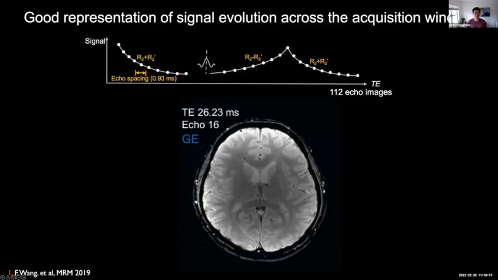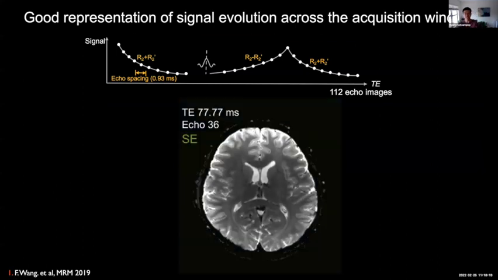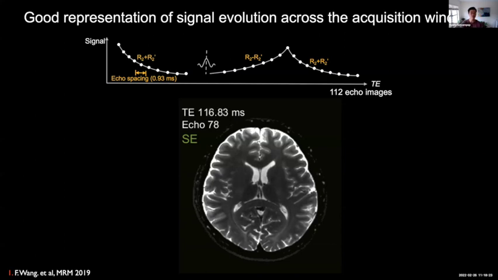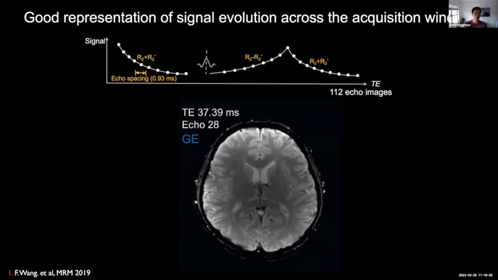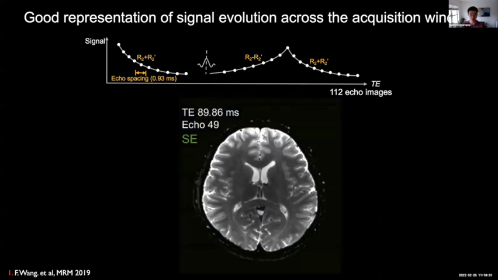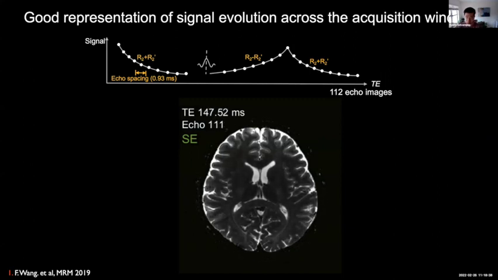Here's an example of such an acquisition for a 3D gradient and spin echo acquisition here that tracks T2 and T2 star. We're getting 112 images in this acquisition, where we have images that are distortion and blurring free at a temporal resolution of just 0.93 milliseconds.